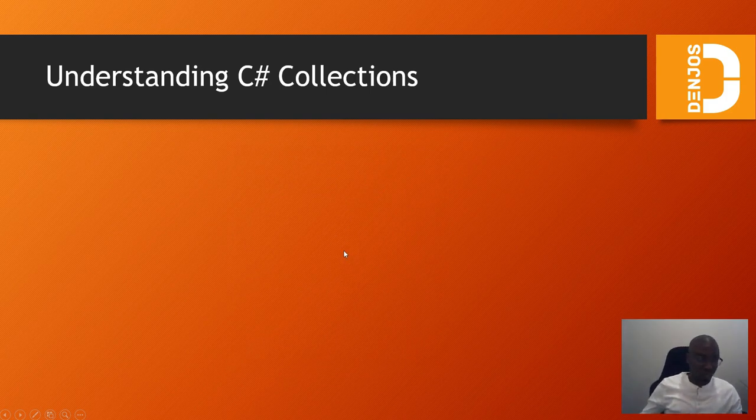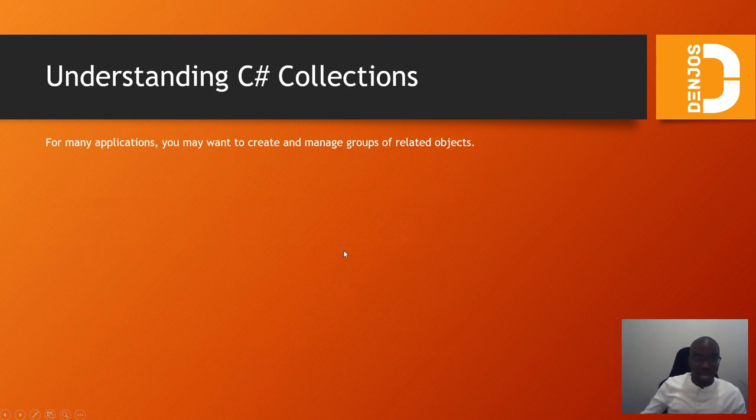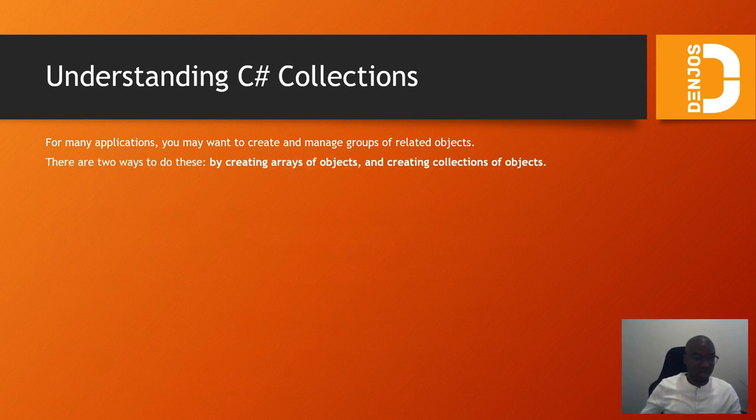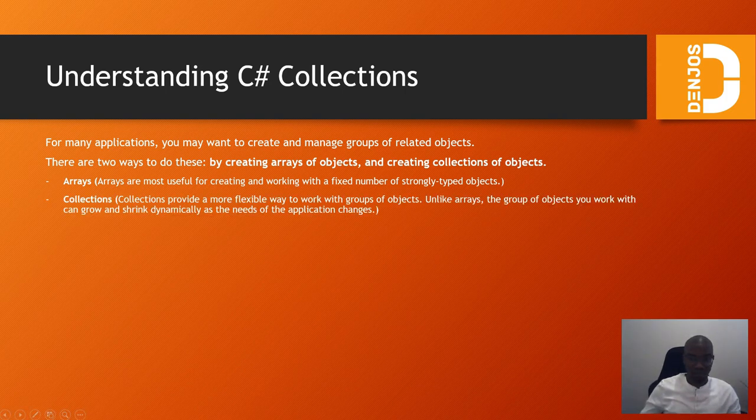Understanding C# collection. For many applications, you may want to create and manage groups of related objects. There are two ways to do this: by creating arrays of objects and creating collections of objects. Arrays are most useful for working with a fixed number of strongly typed objects.